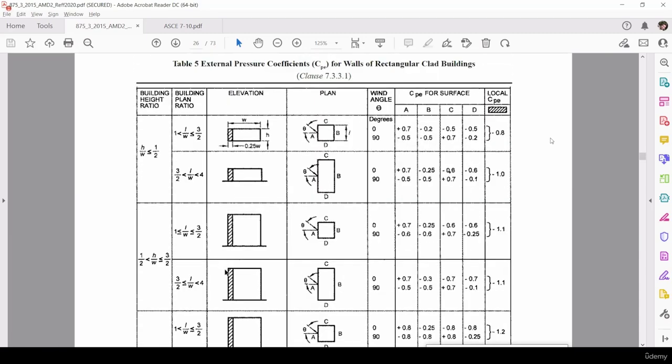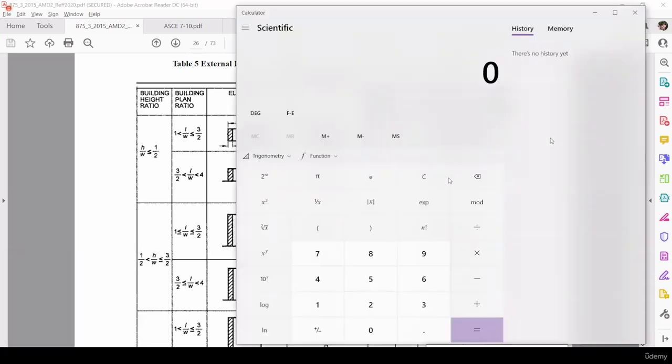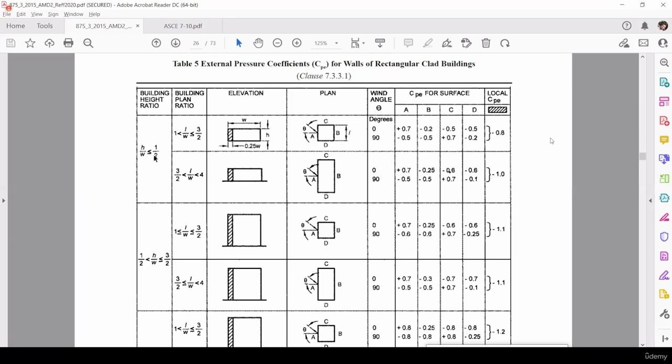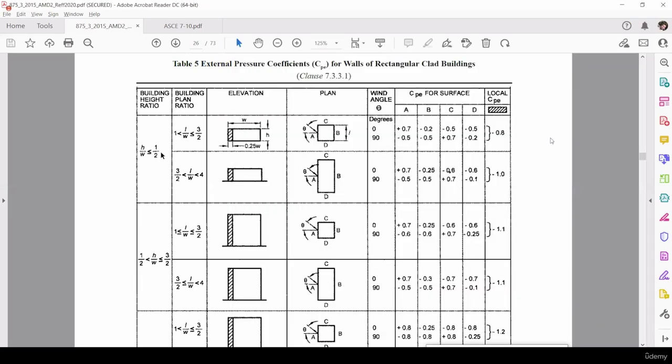For example, I have taken building height as 6 meters. Divided by the width of the building, the shortest lateral dimension, that is 6 by 20, which is 0.3. Since 1 by 2 is 0.5, and we have got 0.3, the first case is applicable for us.